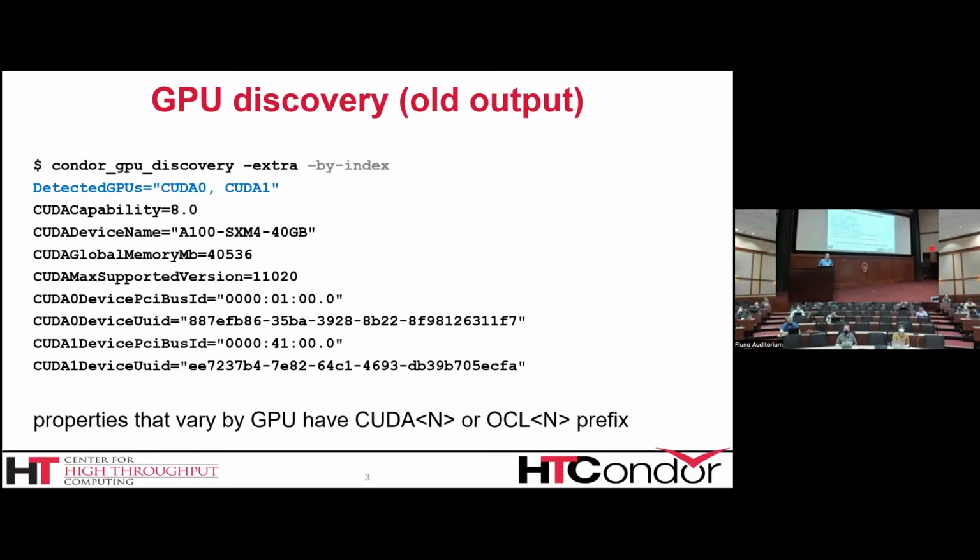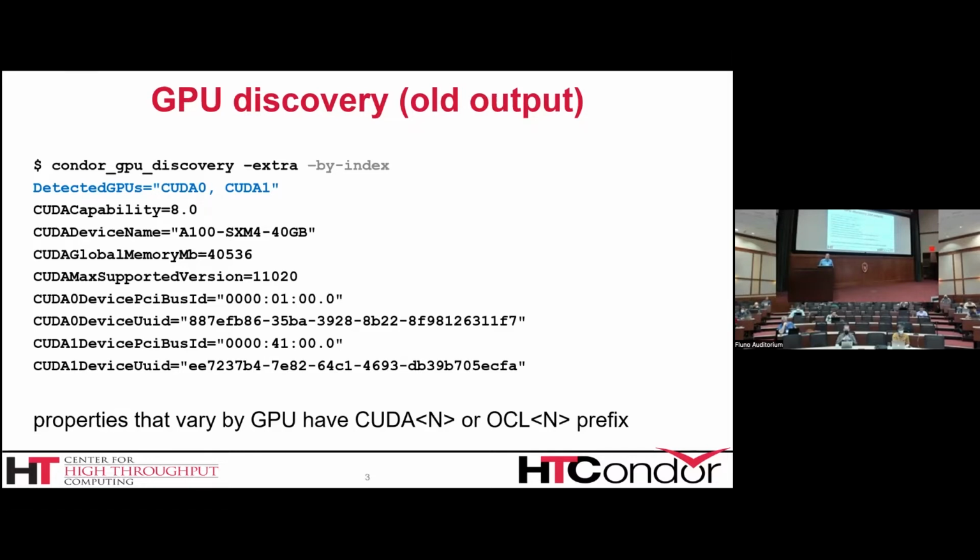So this is the original output of condor_gpu_discovery. When we first did it, it spits out this one required attribute, Detected, and whatever that tag is, GPUs in this case, and then a list of identifiers. Everything else it spits out needs to be ClassAd attributes that describe properties of the resource being detected.